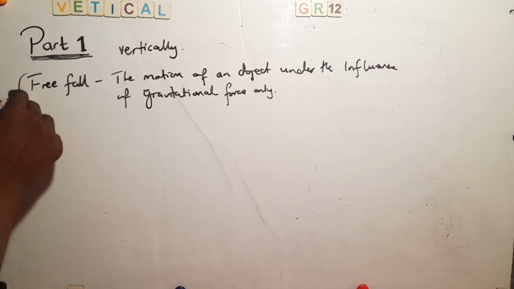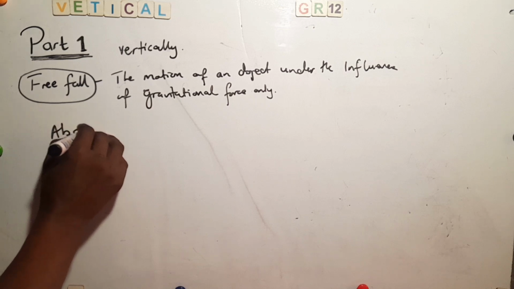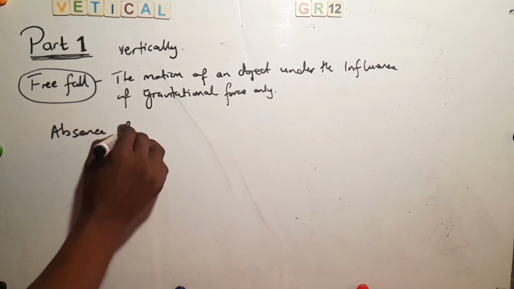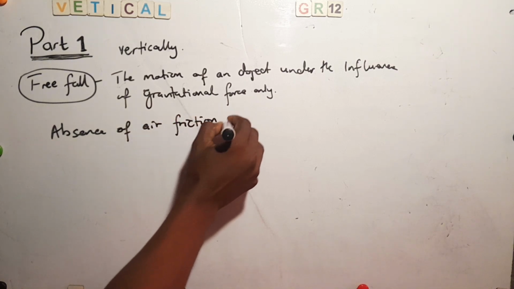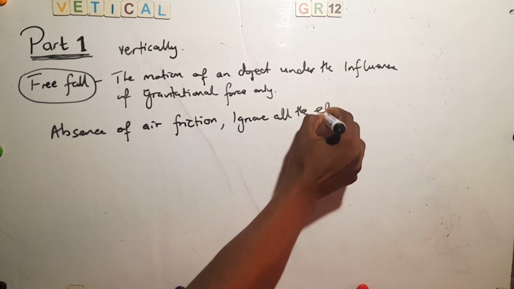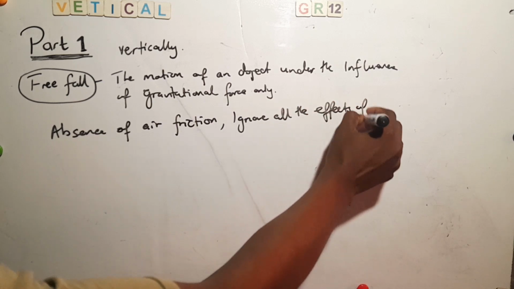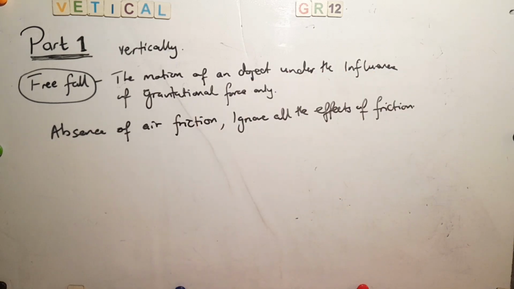So everything that we're going to deal with is in the absence of friction. We are going to ignore all the effects of friction, right? So that is free fall, the motion of an object under the influence of gravitational force only.